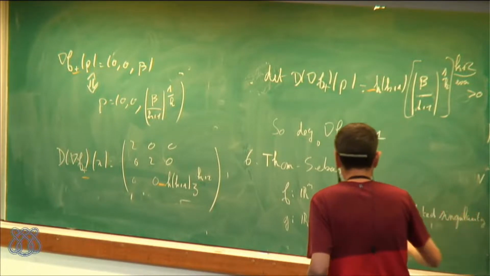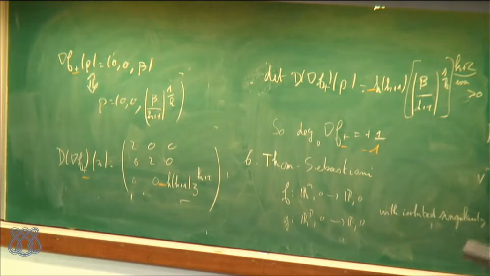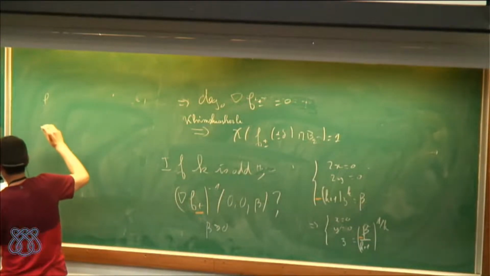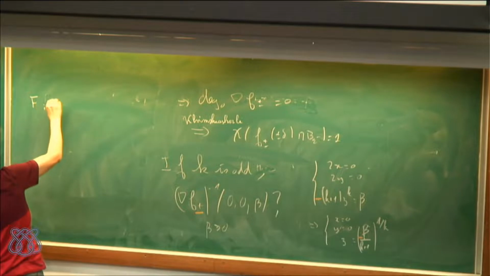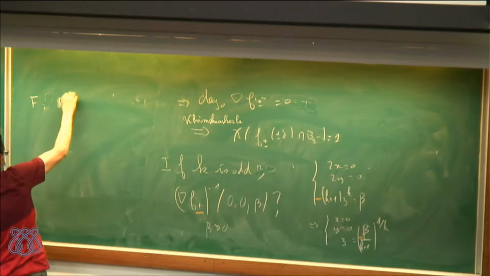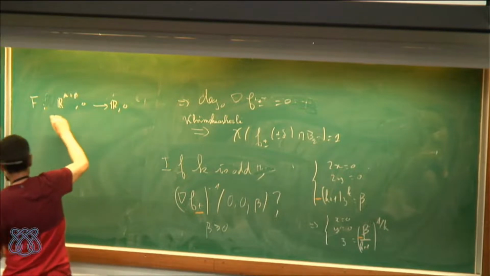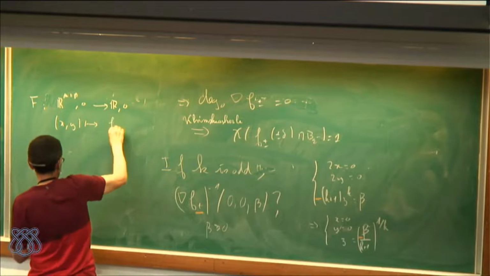Then you construct a map from R^(n+p) by adding f and g. So I call it capital F. And (x,y) is sent to f(x) plus g(y).